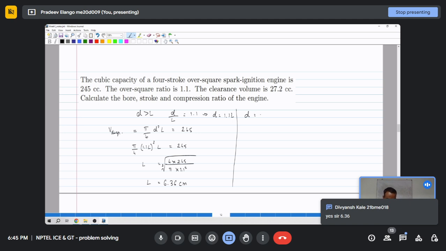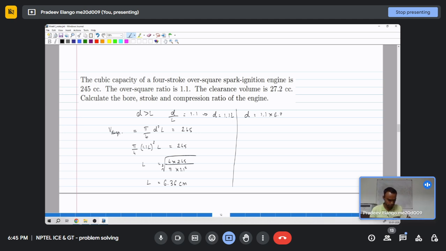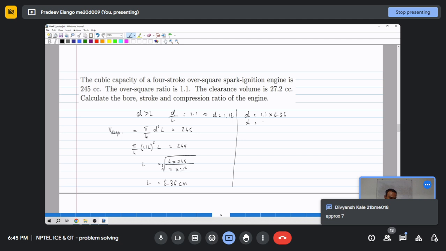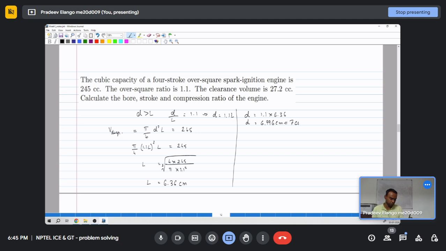Then we know D is 1.1 into L, so that is 6.36, that will be this D. Approximately 6.996 centimeter, approximately 7 centimeter.